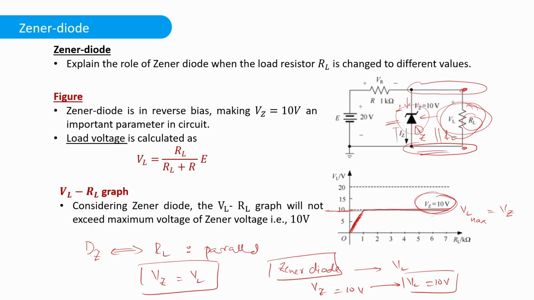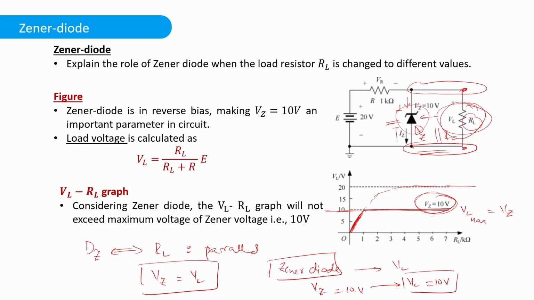So this was the theory about what happens when a Zener diode starts operating. In the previous slides, we saw when it doesn't operate, we will have a graph like this. It will reach some value, and that value actually depends on the input source. But once we introduce Zener diode, then the output load voltage is limited.